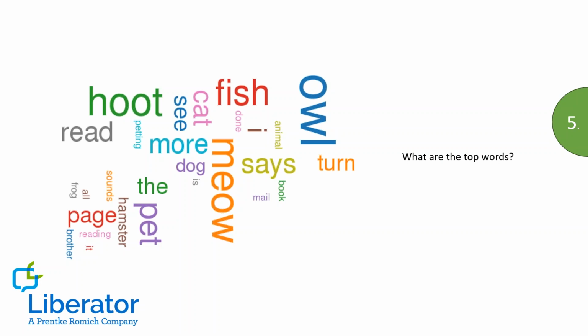So we can see that owl and meow and hoot obviously were used quite a lot in that activity. So they are larger than, say, some of the other words like book, reading, hamster. So we can get, at a quick glance, an idea of the types of words that child was using.